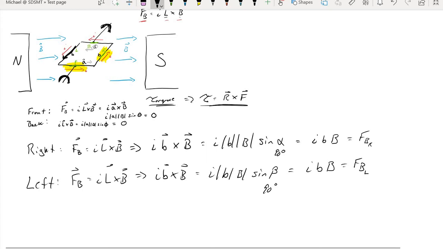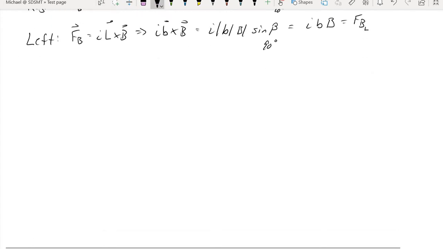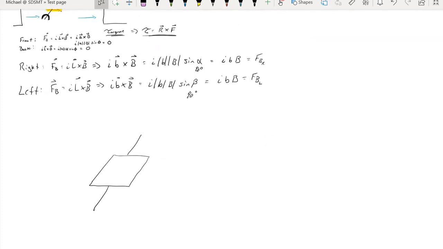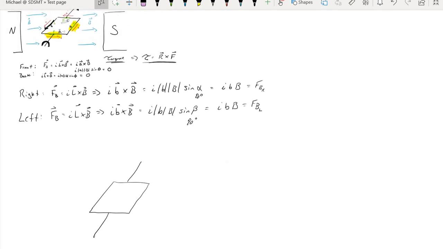So what does this mean for us? Well, I'll redraw the loop here with the pivots. Now that we know that there are forces on the right and left hand legs of this loop, we now need to know what direction those forces are pointing.